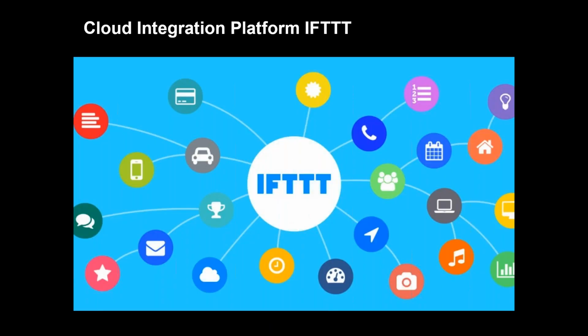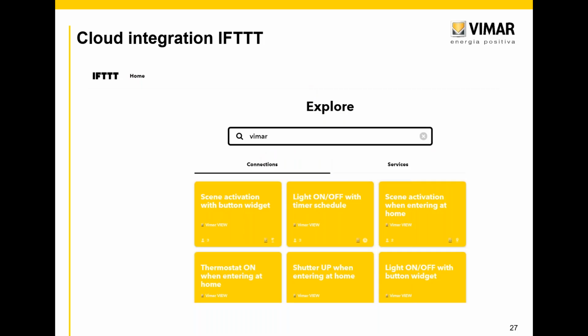In addition, we add the IFTTT platform compatibility. What does that mean? IFTTT, if this then that, is a cloud integration. So just link the functionalities, the ByMe view functionalities, with other third-party applications, cloud-based.